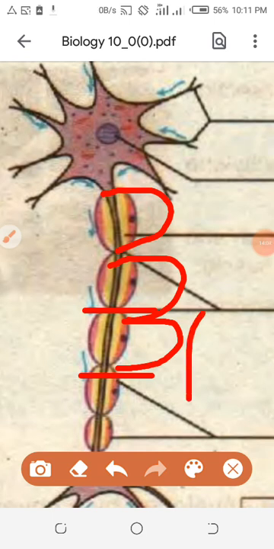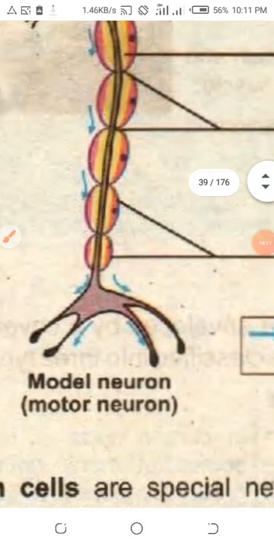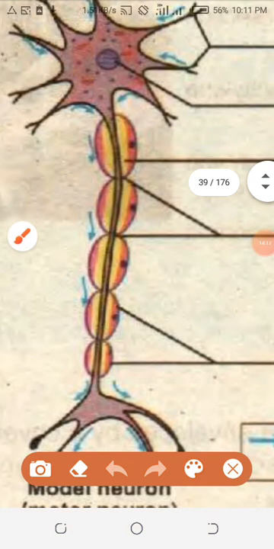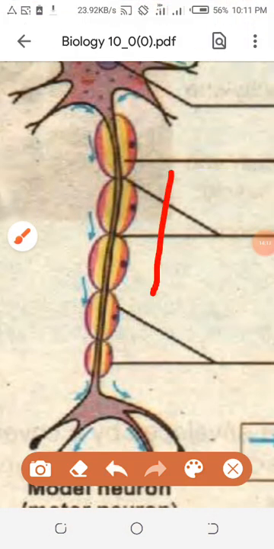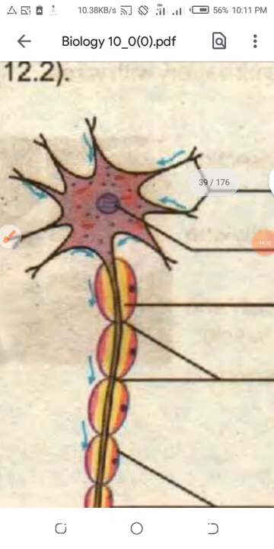So the third type of neuron. The direction of the current you must know. The direction of the current in the case of the motor neuron is from the brain, meaning the CNS, the central nervous system, to the effectors, and effectors are the muscles and the glands. And this is the dendrite once again.